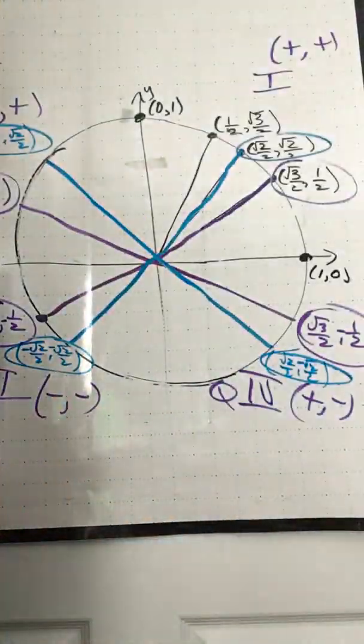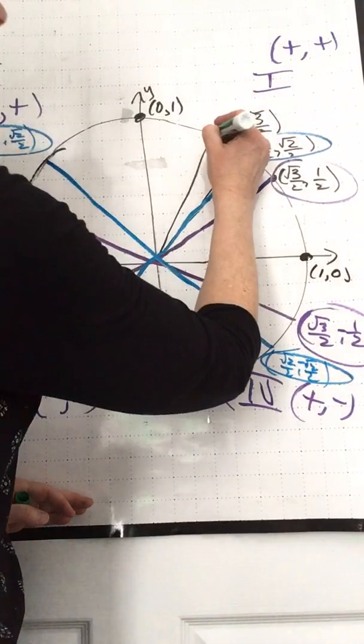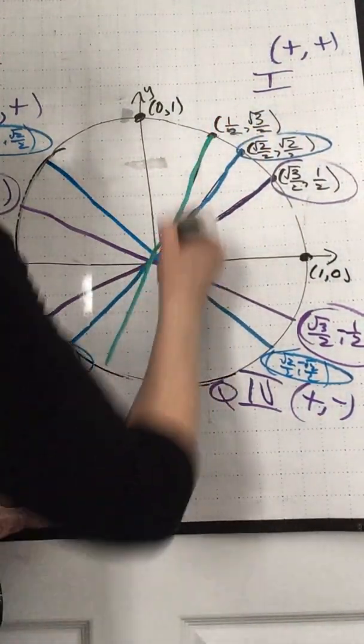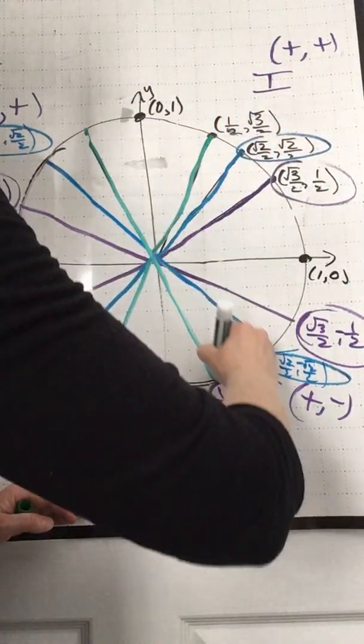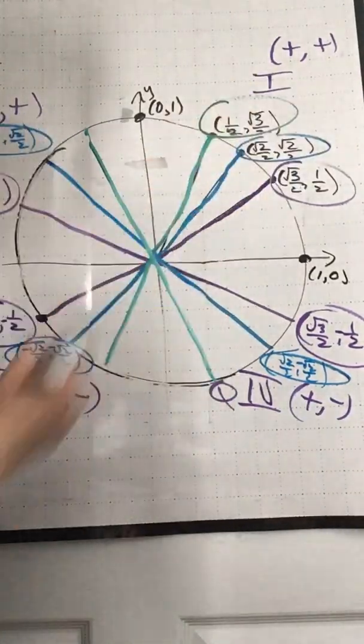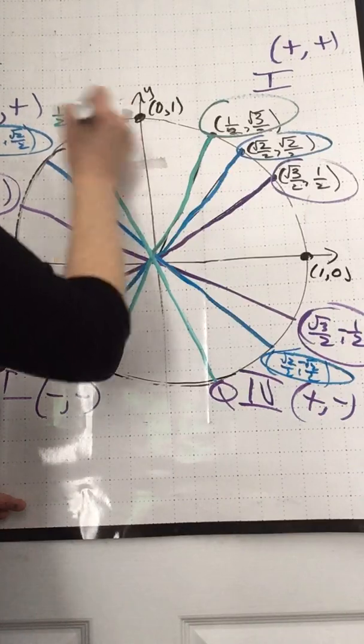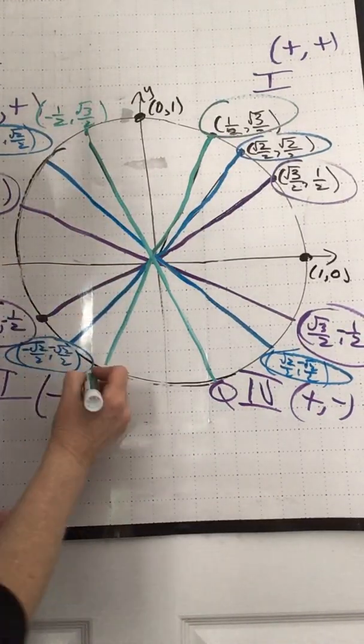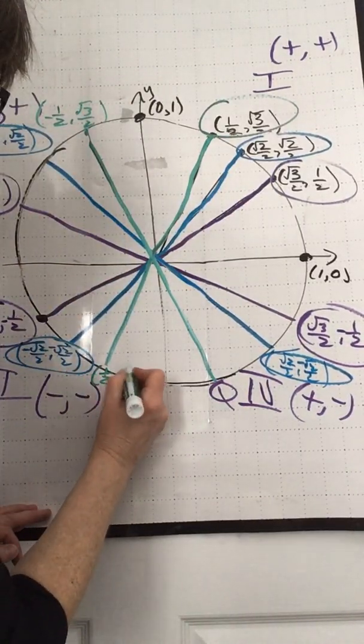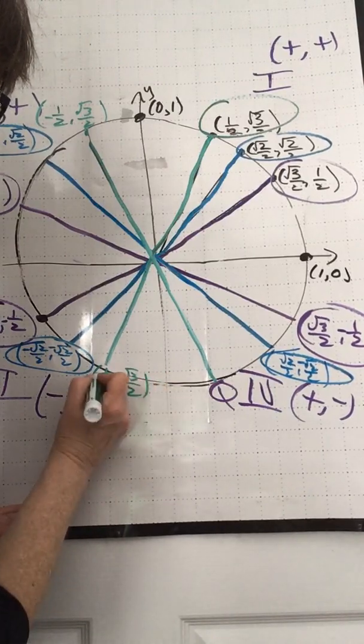Okay, last one. Well, not last one because I don't have all my axes on here, but the greens are symmetrical like this. Okay, so this ordered pair also is over here, but the x-coordinate is negative. It is also down here. They are both negative.